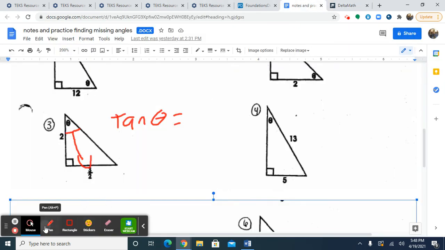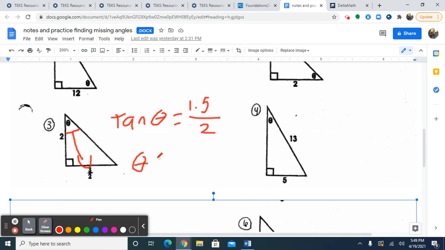So let's just put it as a decimal to make things easier. 1.5 divided by 2, that's opposite over adjacent. So we're going to find theta is equal to arc tangent of 1.5 over 2.